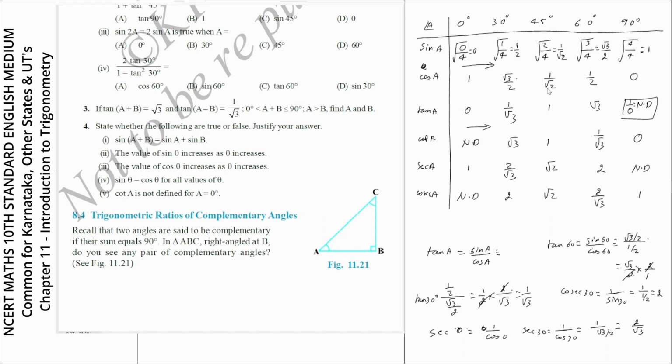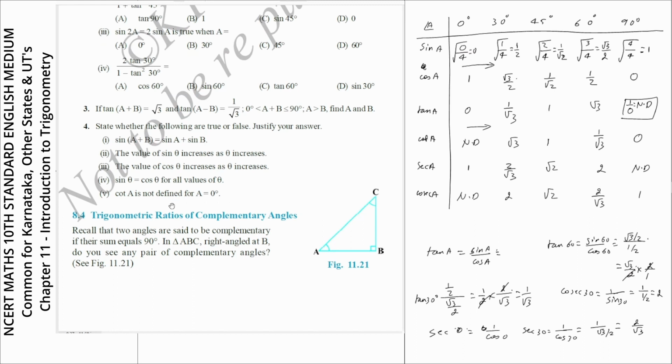For all other theta values, it is different. Only for theta equal to 45, sin theta and cos theta are equal, each 1 by root 2. So the statement sin theta is equal to cos theta for all values of theta is false.